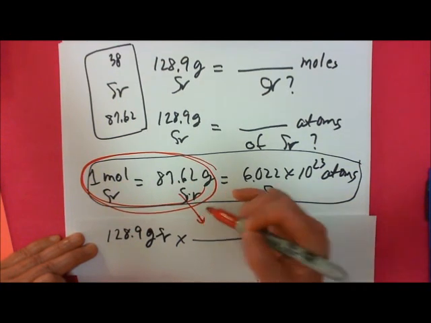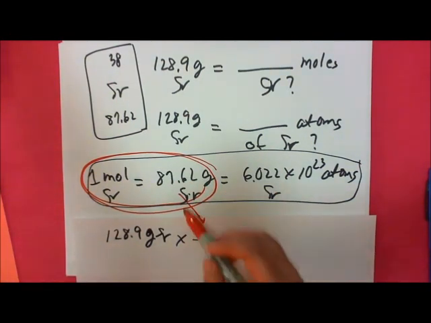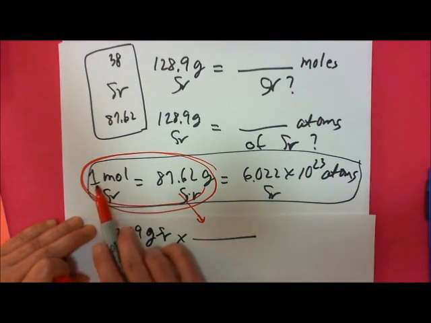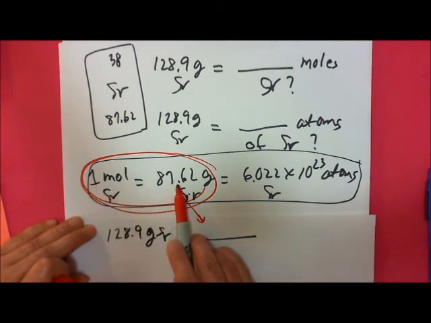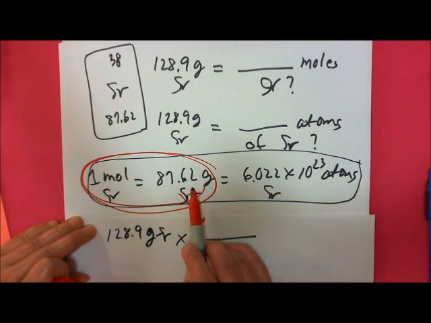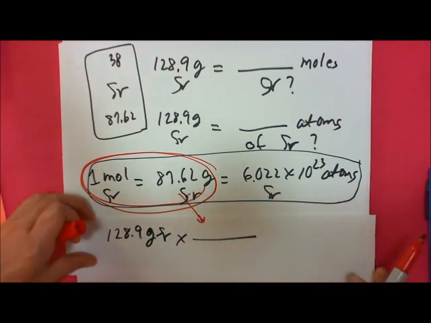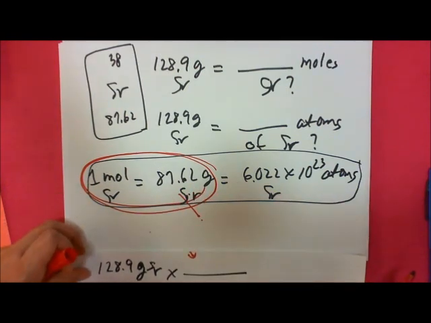Now if I'm going to use this, I've got an equivalent: 1 mole is equivalent to 87.62 grams. I can either write 1 mole over 87.62 grams, or I can write 87.62 grams over 1 mole. So let me show you what that would look like.